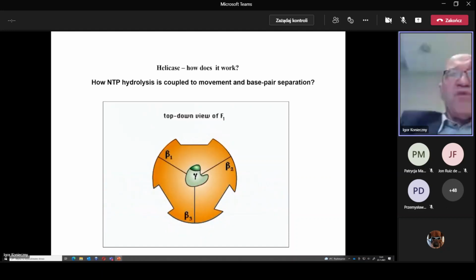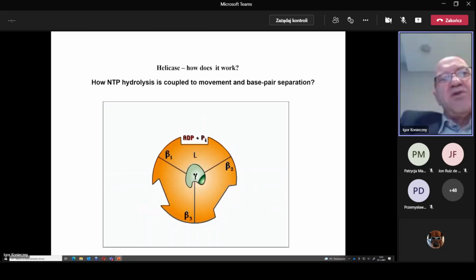This is a top view of a beta subunit, so the catalytic ones. Alpha is not presented in this picture. You see ADP and phosphate, rotation of gamma, conformational change of all three subunits, the other conformational change, movement of gamma and conformational change, ATP hydrolysis, and ATP release.